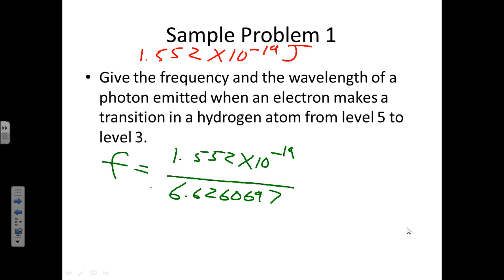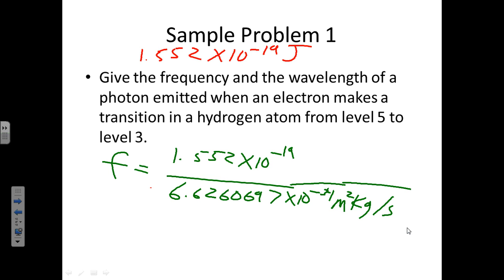6.626069 times 10 to the minus 34. Now I want to work on the units here for a minute. The units for Planck's constant: meters squared, kilograms, over seconds. Now remember, our energy up here, it's in what units?